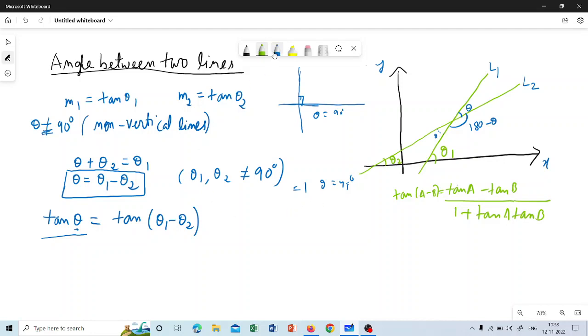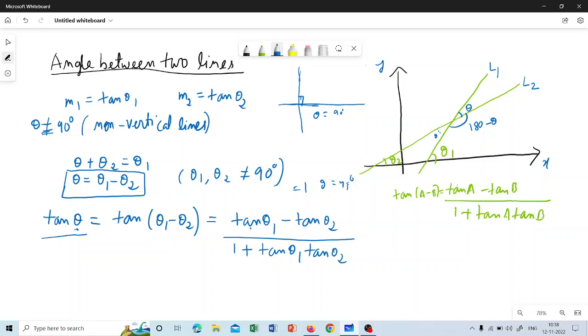So now after using this, you might have got what I am doing here. This is very simple. After this, you only substitute m1 and m2 and you get the answer. Tan theta 1 minus tan theta 2 divided by 1 plus tan theta 1 into tan theta 2.